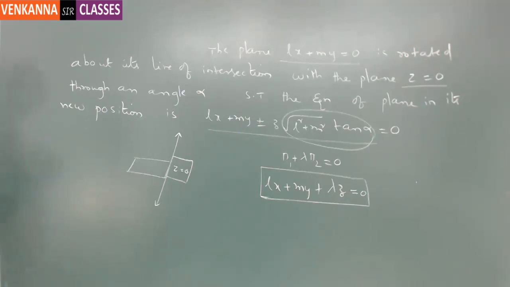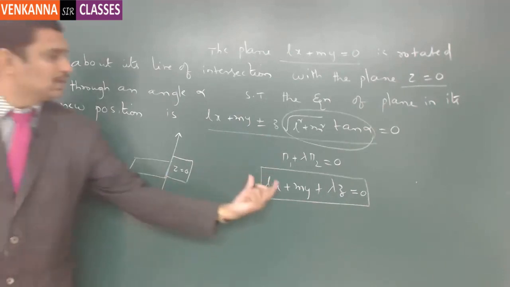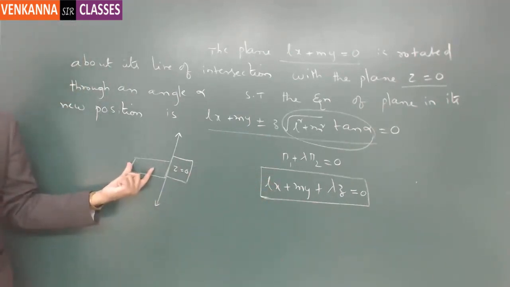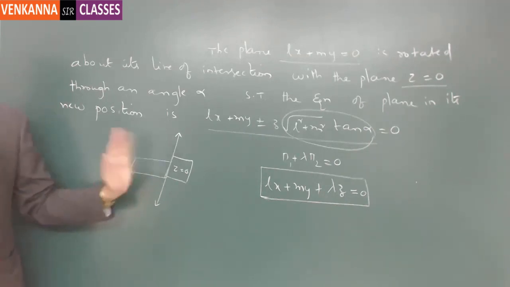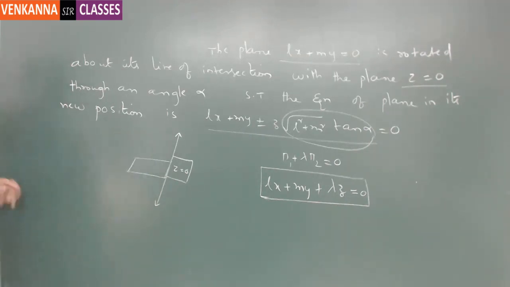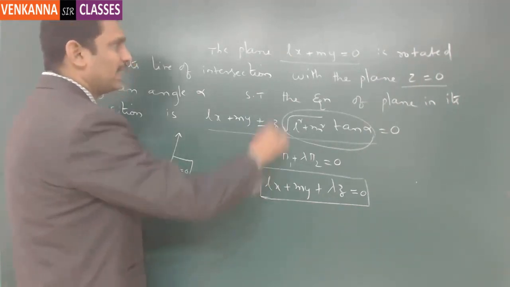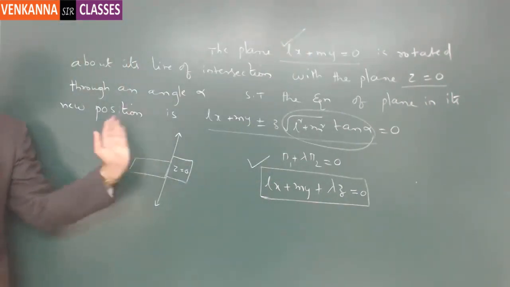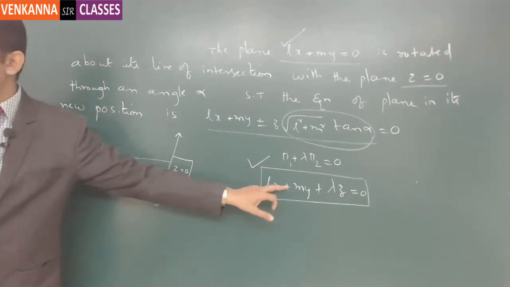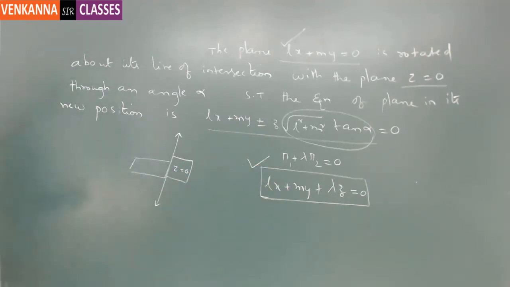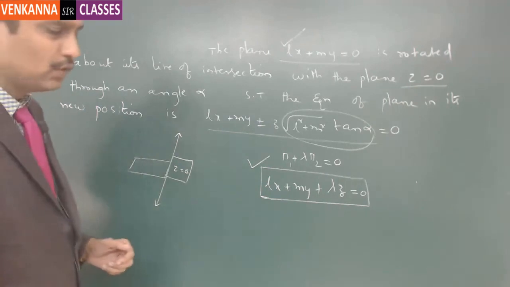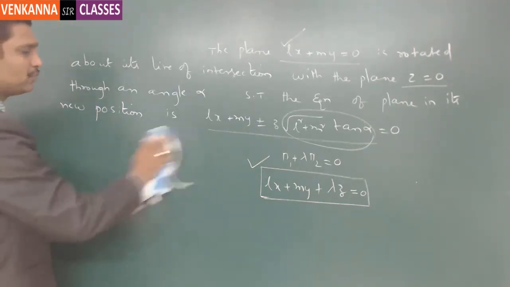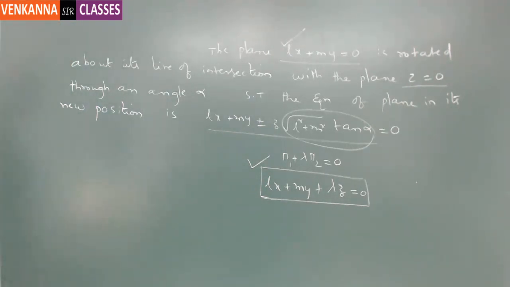Now it is given that the new plane and the given plane Lx plus my equal to 0 have an angle alpha between them. So let us consider the angle formula for the new plane and the given plane, because when the plane is rotated through an angle of alpha, this is the new plane you have obtained. So considering cos alpha, since you don't know whether it is an acute angle or obtuse angle, I take a modulus in the numerator.